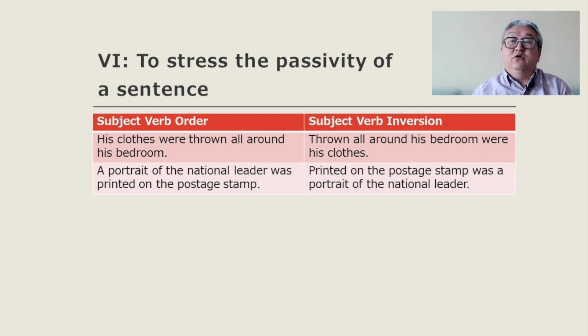You say, thrown all around his room were his clothes, or printed on the postage stamp was a portrait of the national leader. So that's when sometimes we do that little inversion too. That's all for today's lesson. Subject-verb inversion happens in 6 different cases, not only in question cases. That's it. Thank you very much.